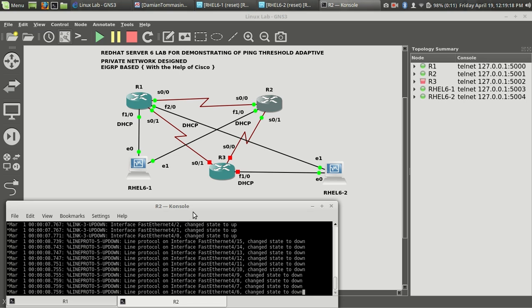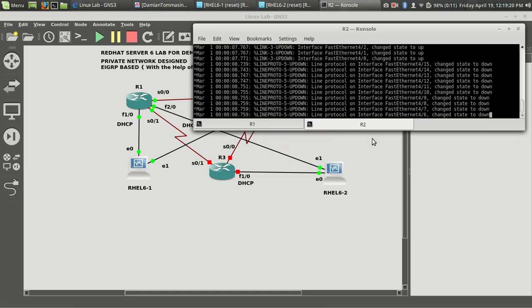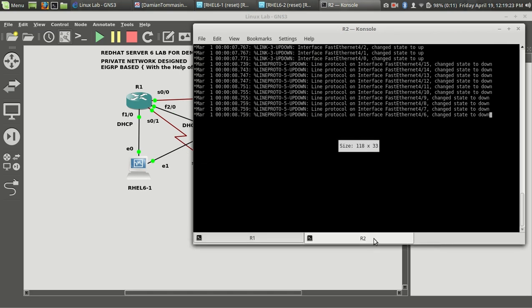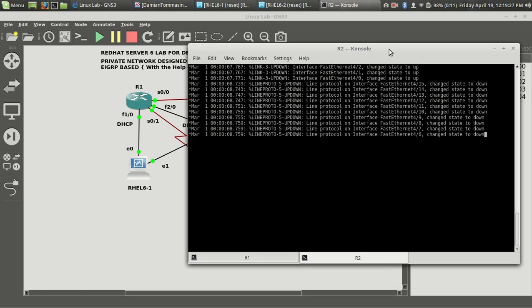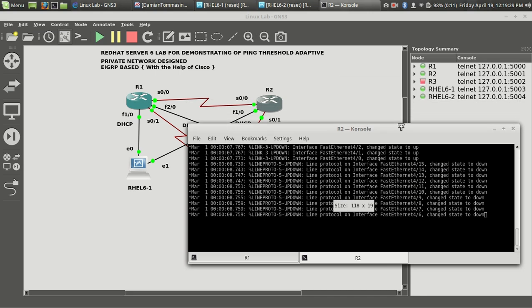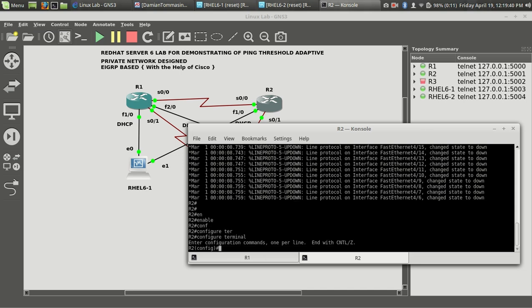This is router 2, I think. Yes, router 2 is booting up. Okay, fine. So this is my second router. I'm enabling the router and going to configure terminal mode.